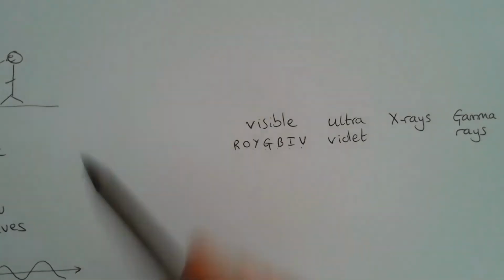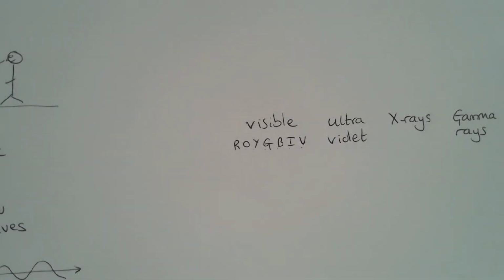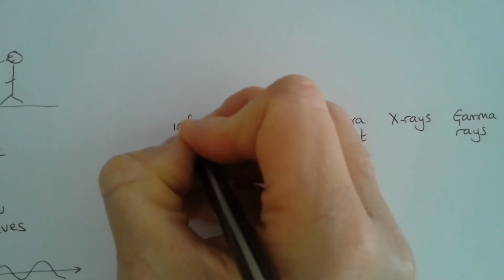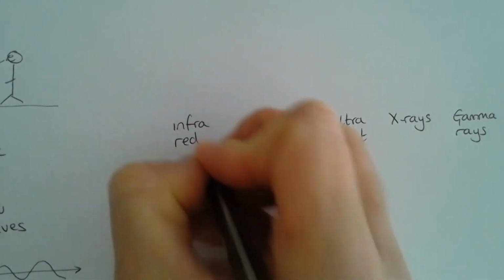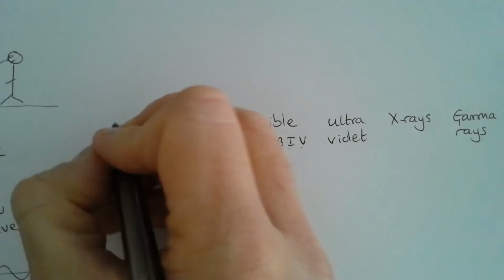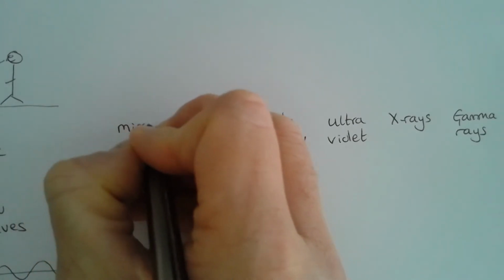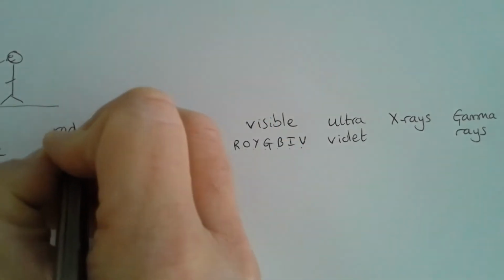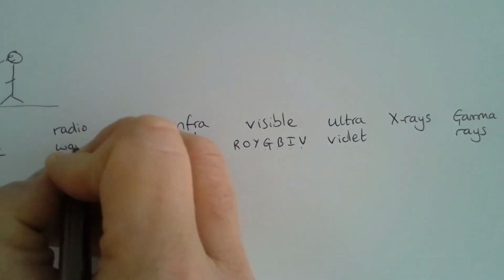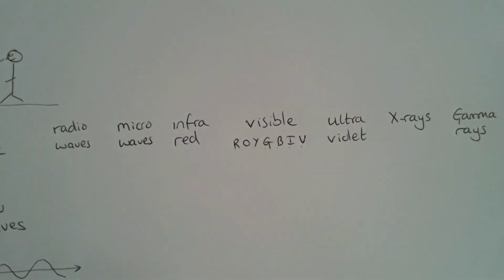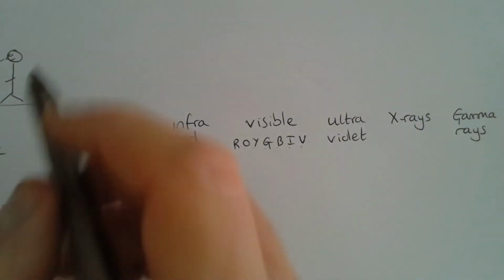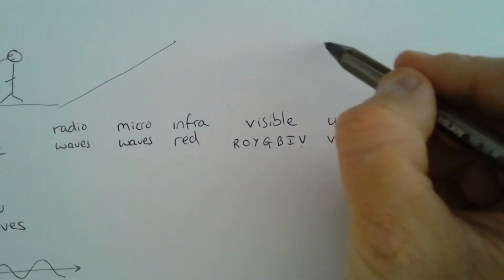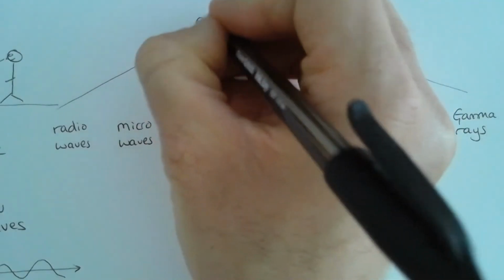If we go the other side of our visible electromagnetic radiation, we get infrared, microwaves and radio waves. And all of these are electromagnetic radiation.